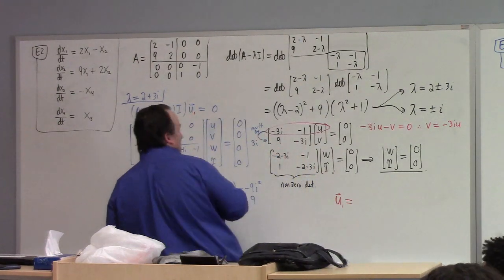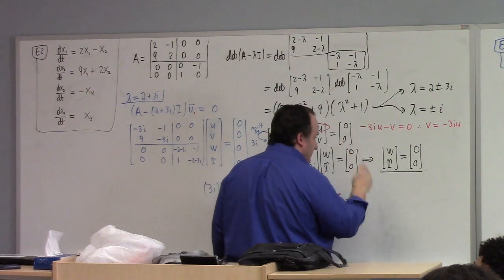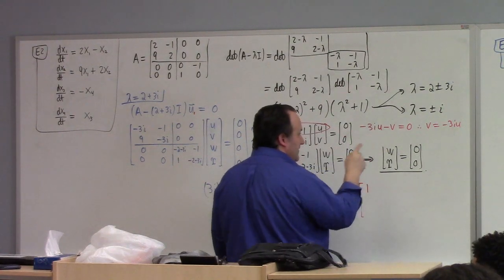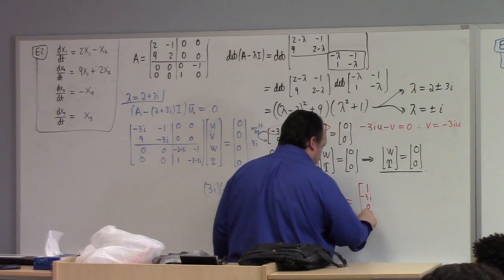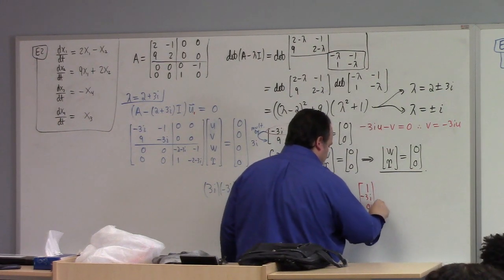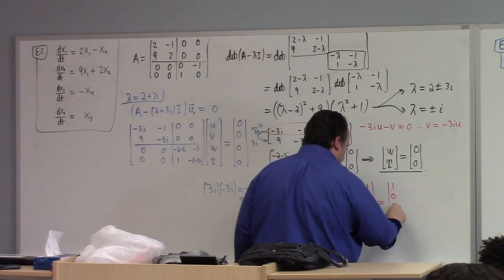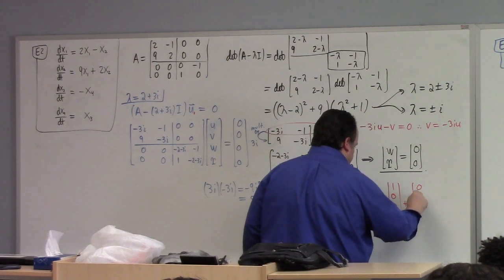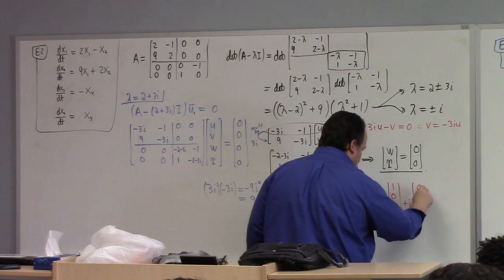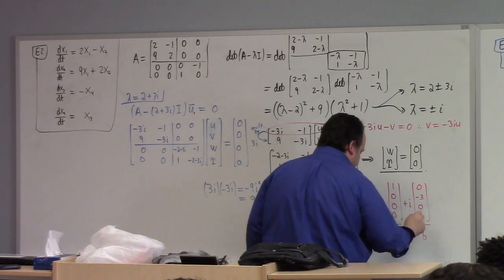I'm going to put u equal to 1. V is equal to minus 3i. My w is 0, my upsilon is 0. And so that gives us 1, 0, 0, 0 plus i times 0, minus 3, 0, 0. There's my A vector, and here's my B vector for this guy.